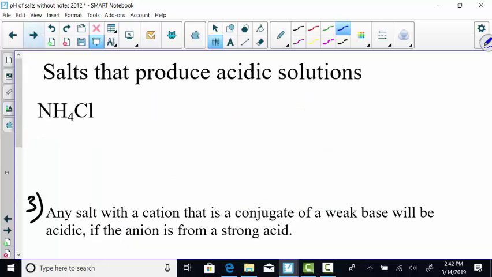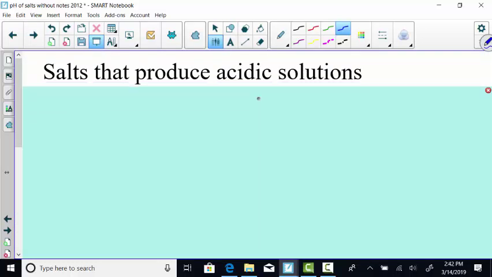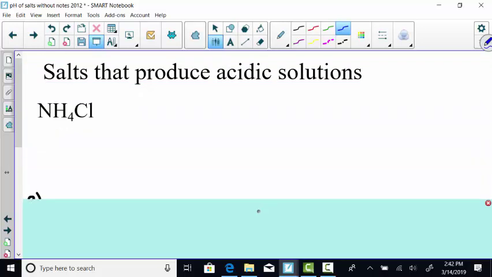Okay, so then the next one is going to be salts that produce acidic solutions. And these are fewer in between. You actually have a lot more salts that produce basic solutions than you do acidic. Okay, so here we have ammonium chloride, and we're going to do the exact same thing that we've done before.